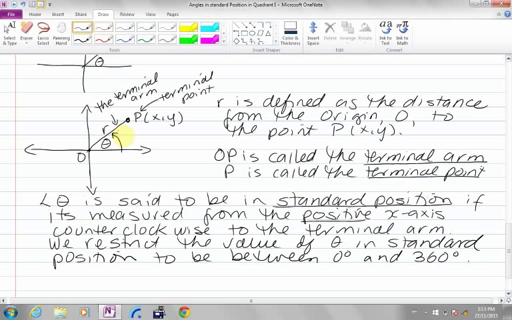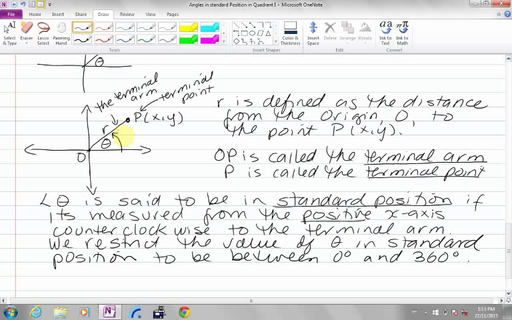That would give us a different angle. So in order to be consistent, we had to agree upon one way to measure an angle, and we call that angle in standard position. So it's understood that when you're told that an angle is in standard position, it's being measured from the positive x-axis up to that terminal arm in a counterclockwise direction.